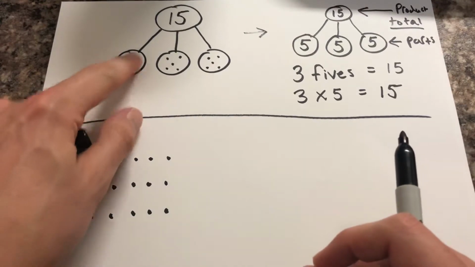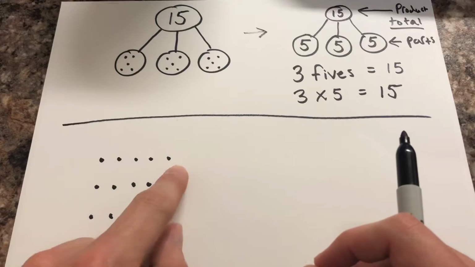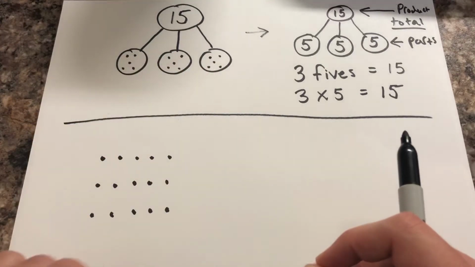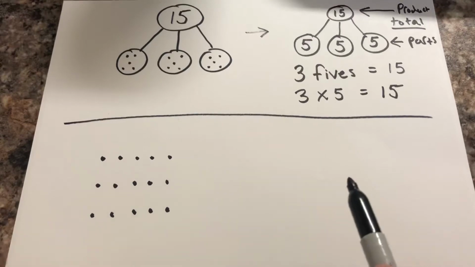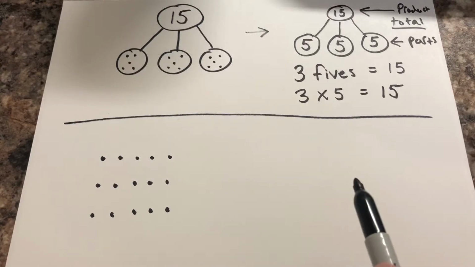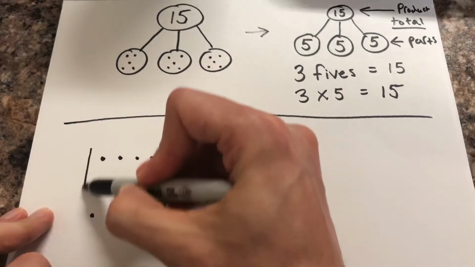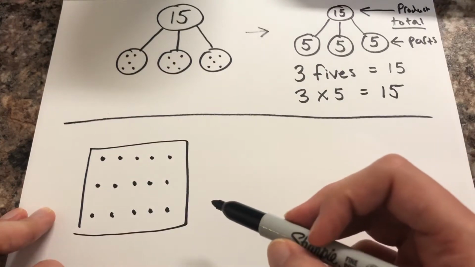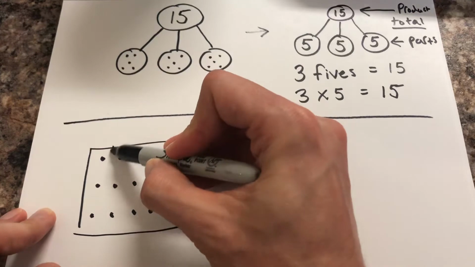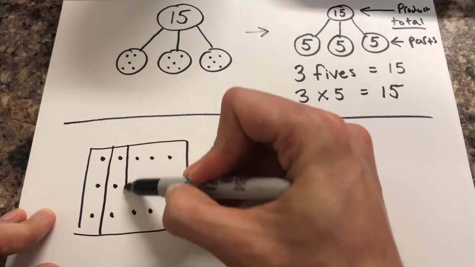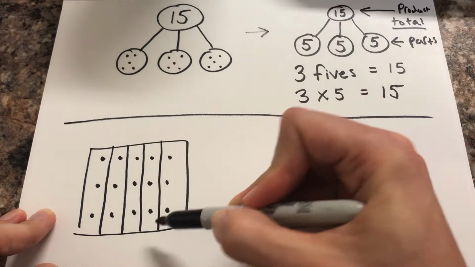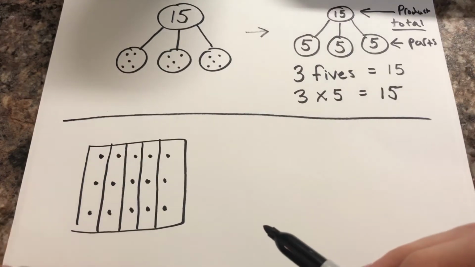So I've taken this group and put 5 here, took this group and put 5 here, and then took this group and put 5 here. Now, here's what we're gonna do. We're going to take this and draw a box around it. And we're just gonna draw lines that go down in between them to separate the columns.